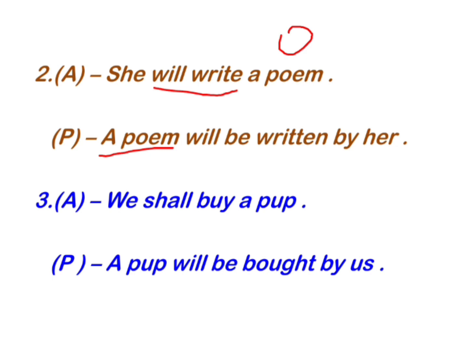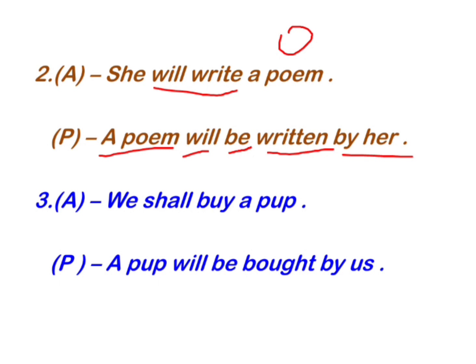Will is used to denote the future form, so we write will. Be is the be verb of the future tense, so we write be. The past participle of write is written. She will be changed to by her. So the passive voice is a poem will be written by her.